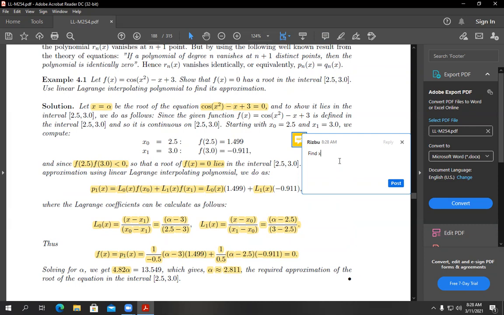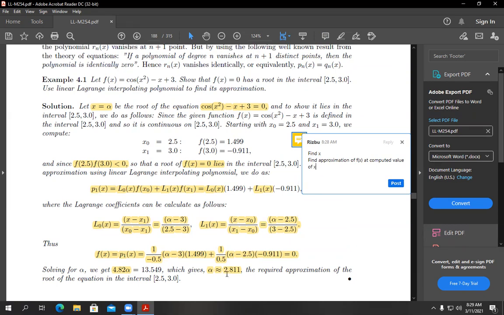And what is the x you find out? 2.811, right? Now my second point is find the approximation of f of x at the computed value of x. This is your job in chapter number 4. So what do you do? Very simple. You already know your x.